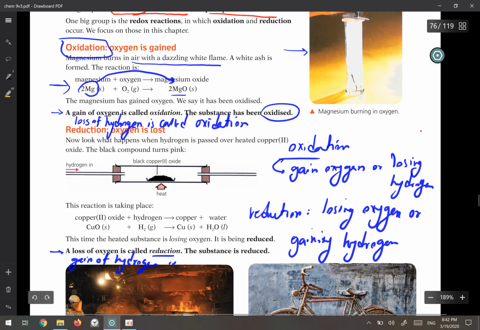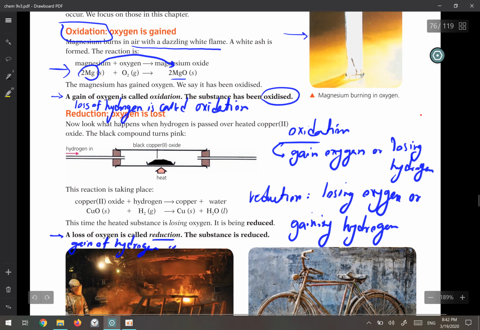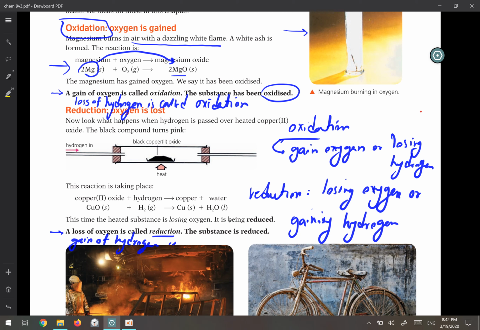Now let's have an example for the reduction. Look at this picture. Here you have copper oxide, a black substance, as you can see in this picture. Here the hydrogen gas passes over this copper oxide, and we apply heat. By application of the heat, the hydrogen and copper oxide react with each other.